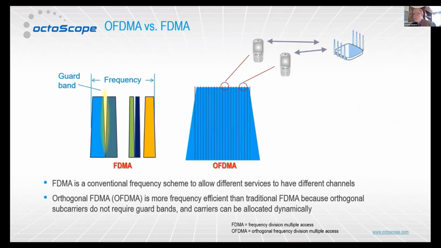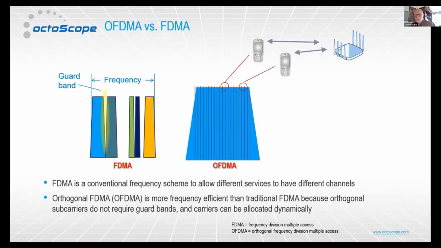We'll take a little step back in history. We've always had frequency division multiple access. This is a conventional frequency scheme. It allows different users to have different services, and they do that by allocating different channels. Orthogonal frequency division multiple access is much more efficient than the traditional FDMA because these subcarriers are orthogonal and they don't require guard bands, which is a waste of spectrum.